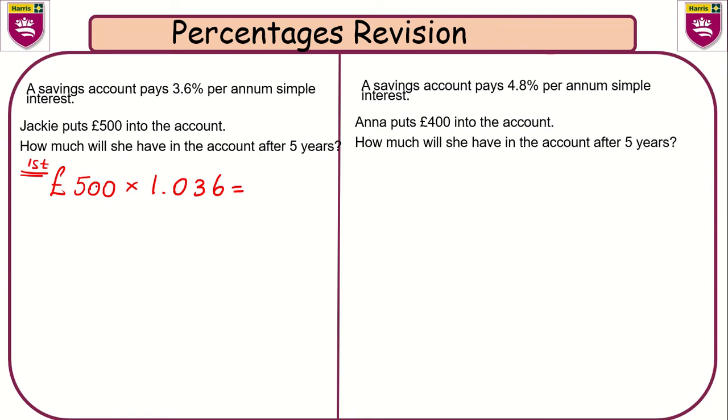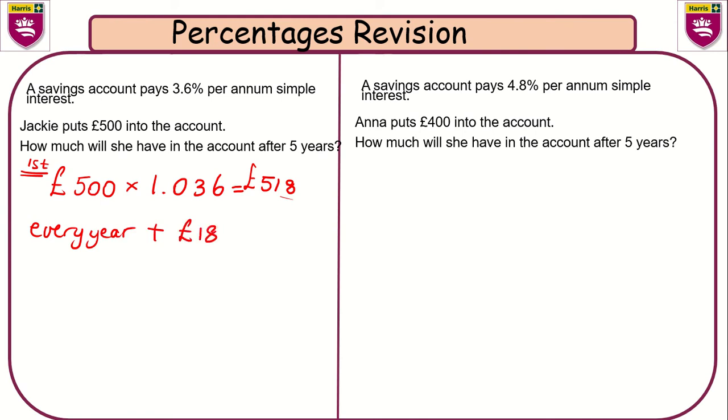So if I times 500 by 1.036, that will give me the interest we are going to receive every year. Okay? Now, so if I do 1.036 times 500, that will give me 518. That means every year the interest that will be added on is £18.